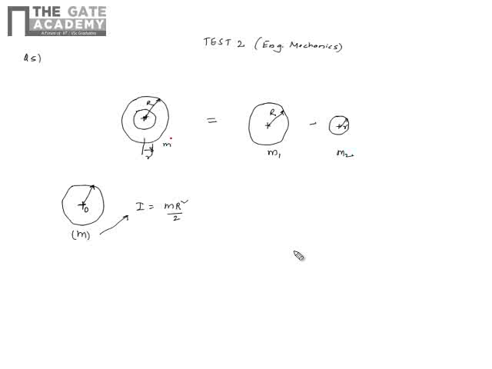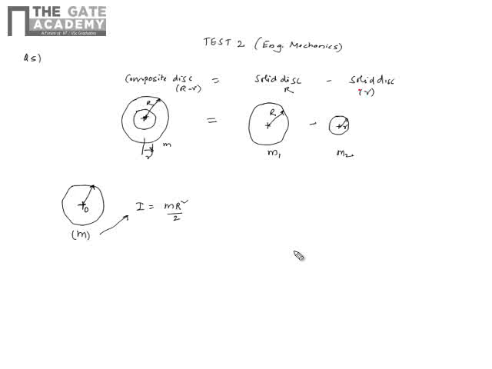So the composite disk, I can visualize it as a disk of R minus r. The thickness is uniform, but the radial extent is R minus r. It can be looked upon as a solid disk of capital R minus a solid disk. So basically we are removing material equivalent to a solid disk of radius r.